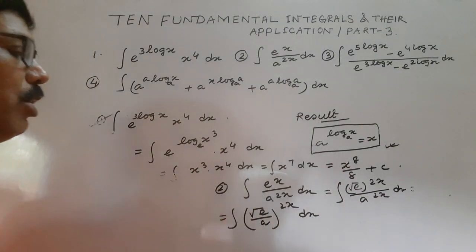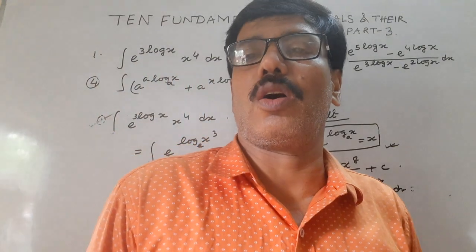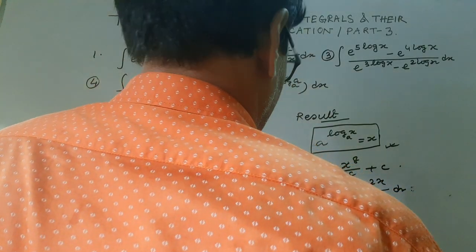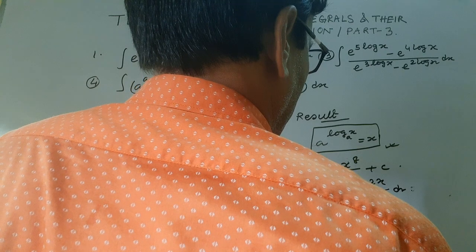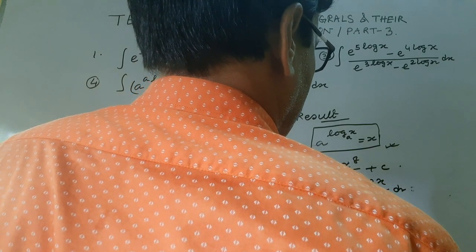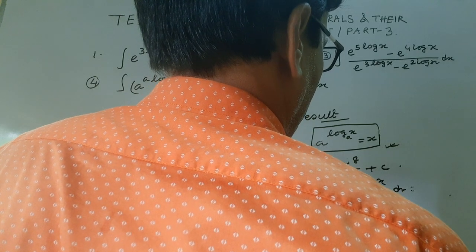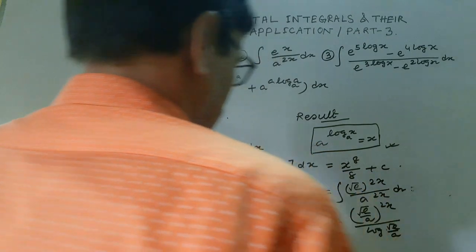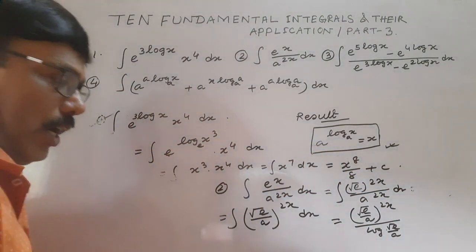Now we can use the formula of a to the power x. So a to the power x gives root e by a, whole to the power 2x, by log of root e by a, to the power x by log a.